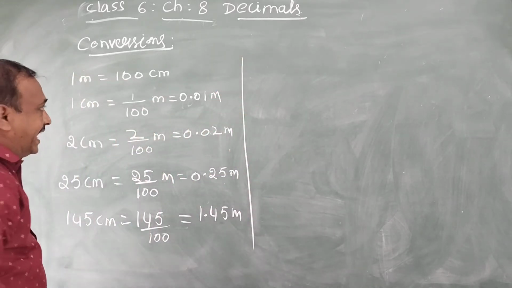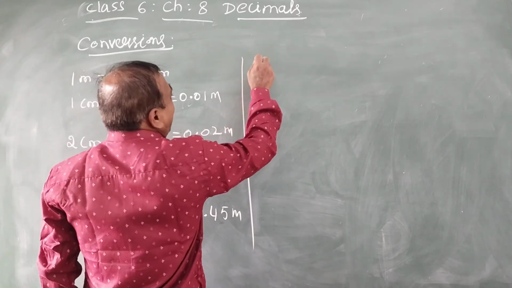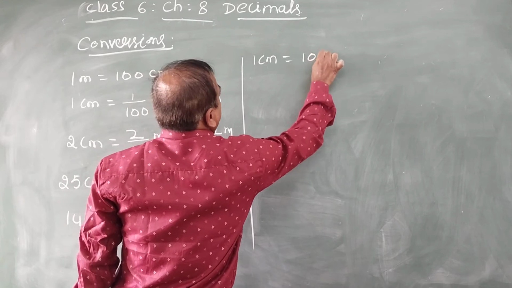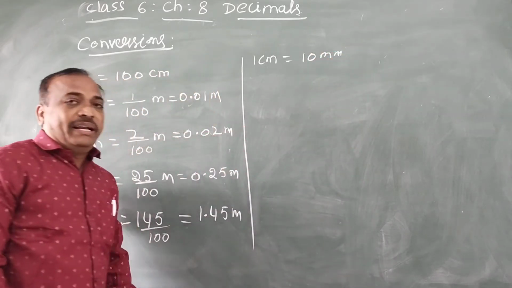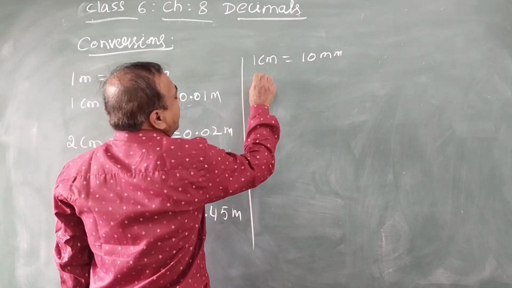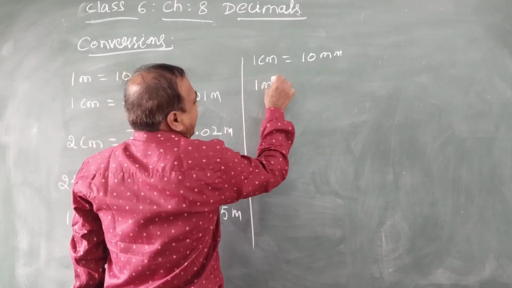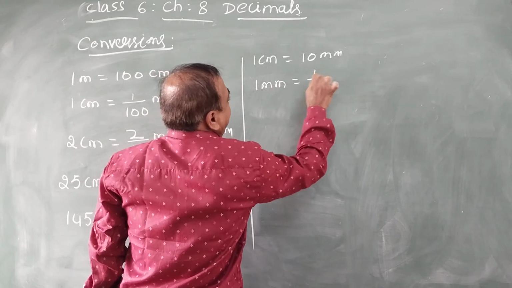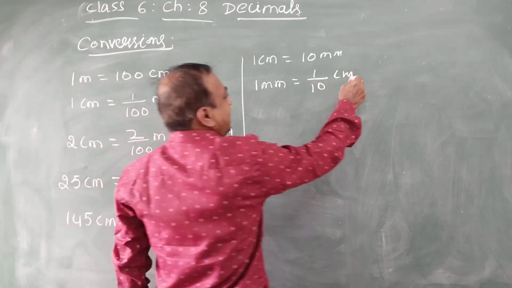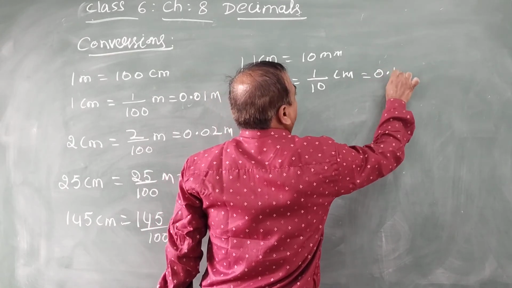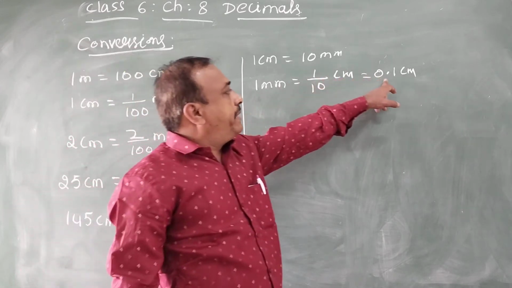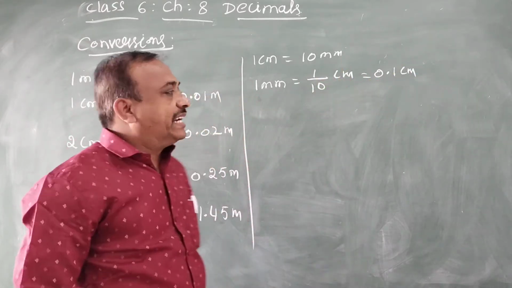Similarly, we can write millimeters. 1 centimeter is equal to 10 millimeters. Now you see, 1 millimeter is equal to 1 by 10 centimeter, which we write in the decimal form as 0.1 centimeter.